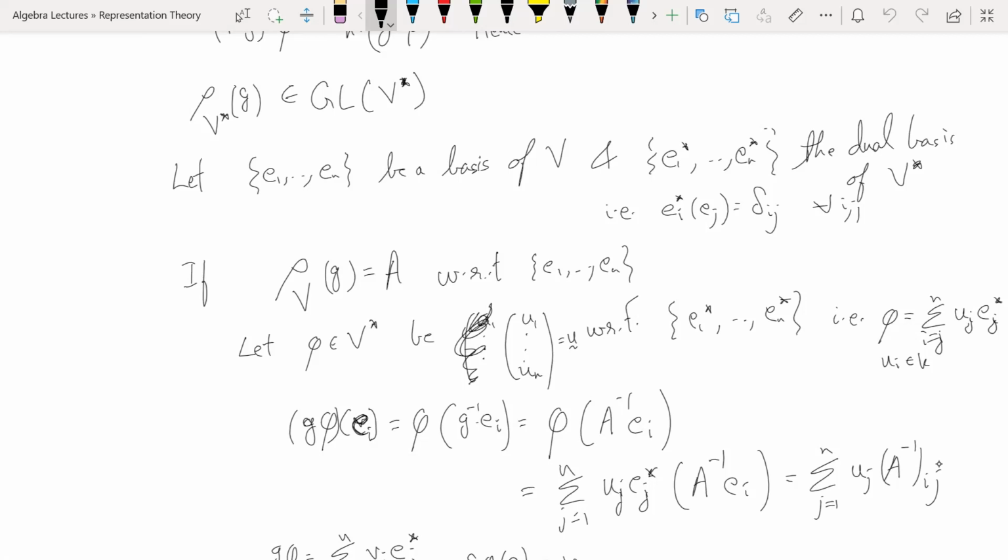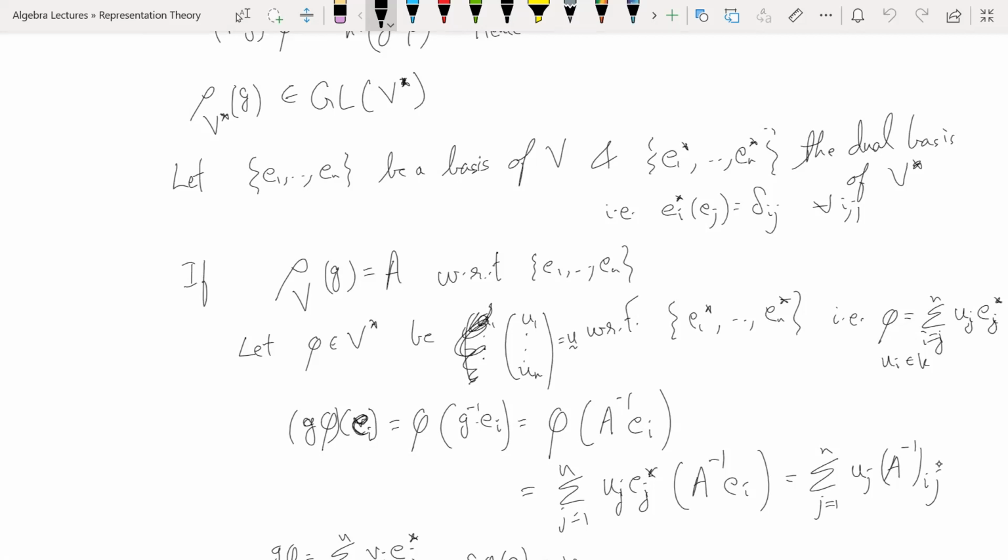Will it be the column over here? It will be the column. Yes, it should be a column matrix. You pick out the ith row, right?